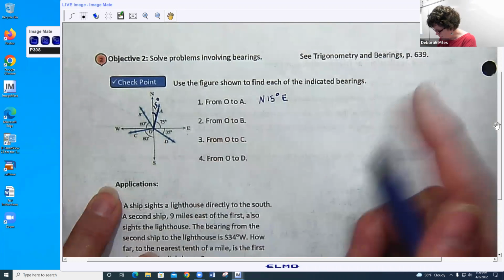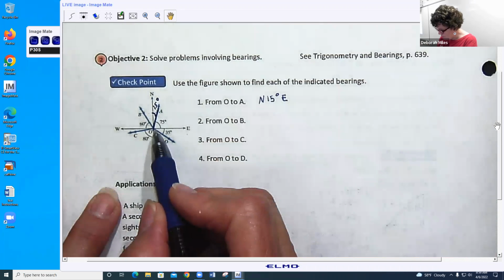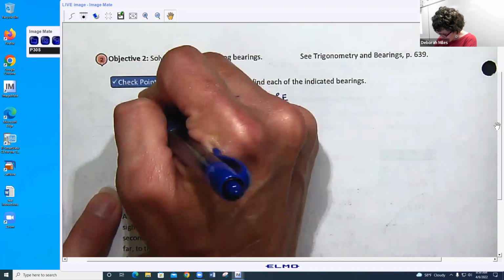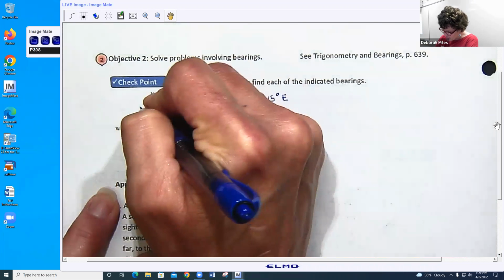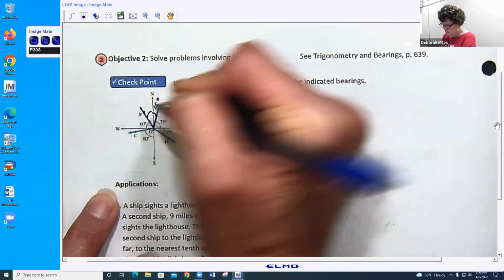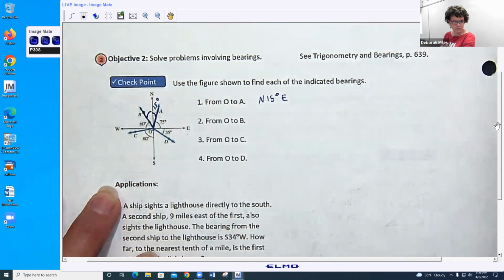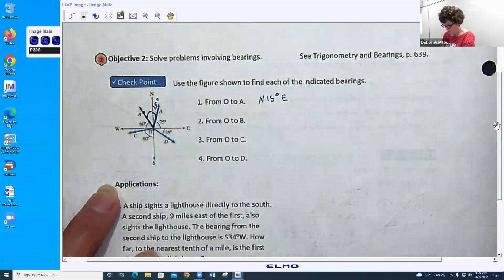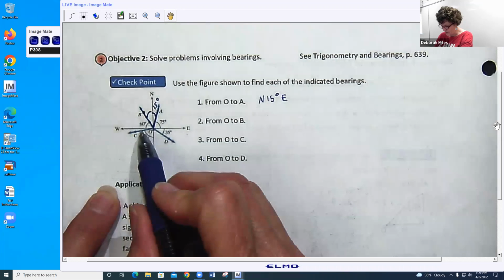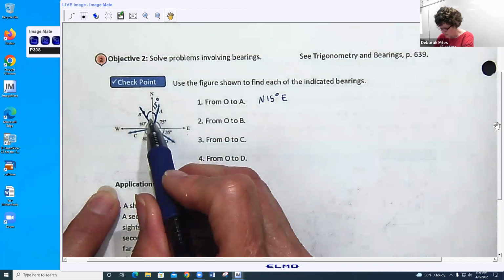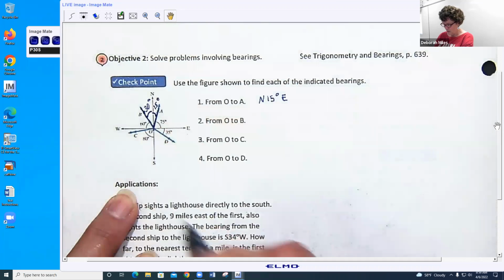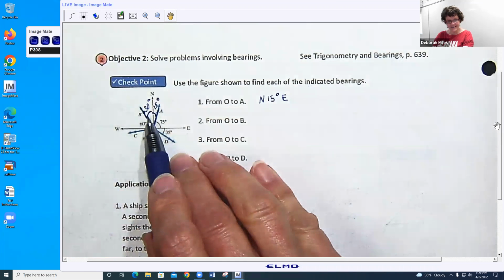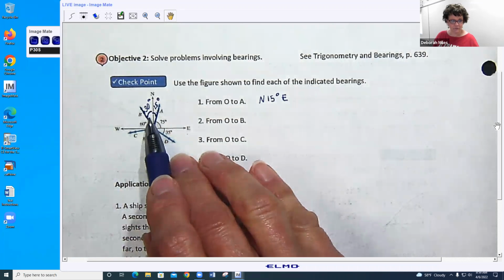All right, what if we were sailing a ship from O to this point B? How many degrees is that from the nearest north-south line? If this is 60, then that has to be 30. We're 30 degrees to the left, which means which direction? West.